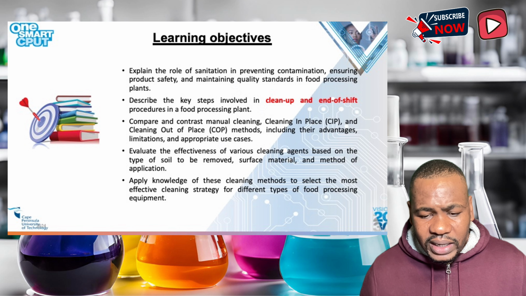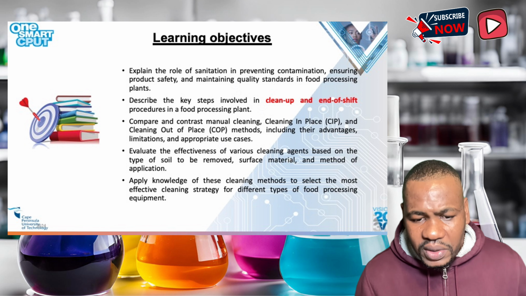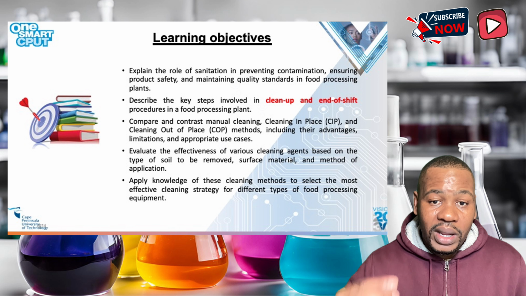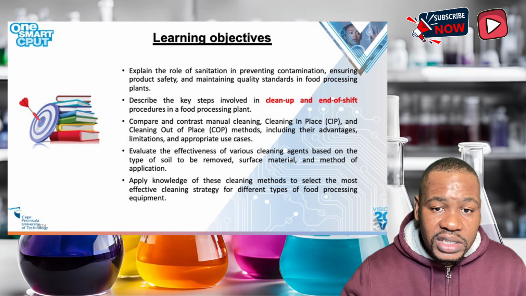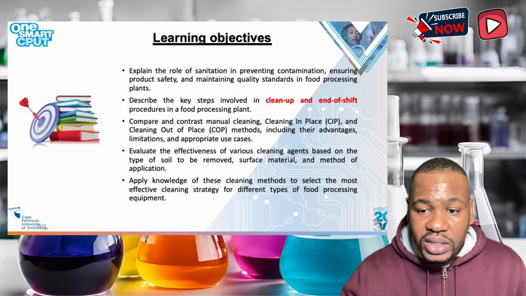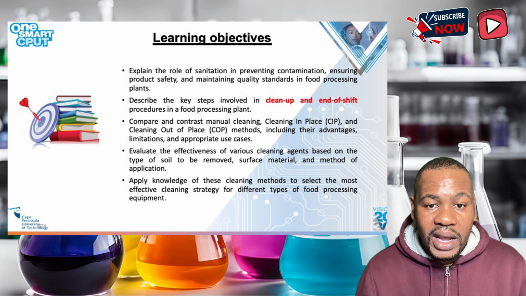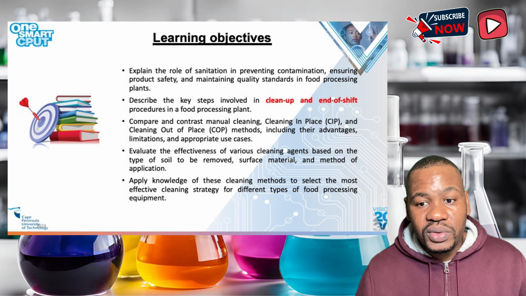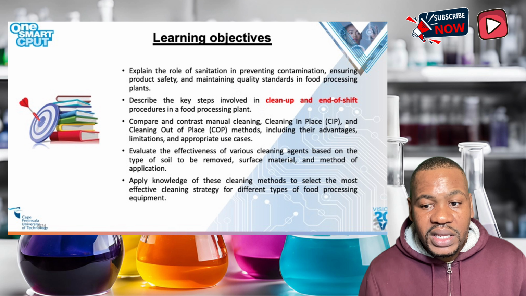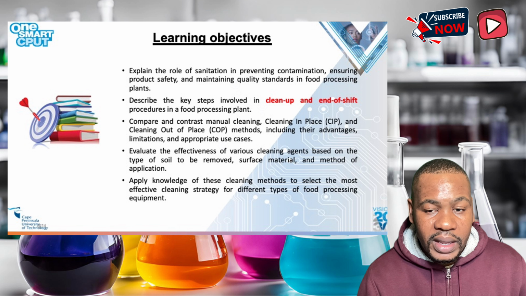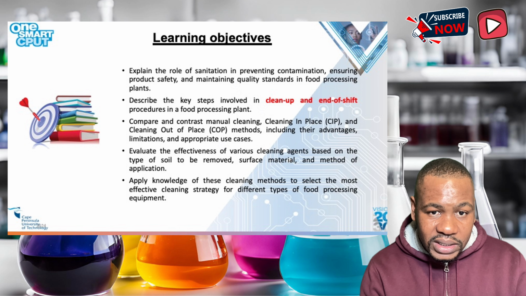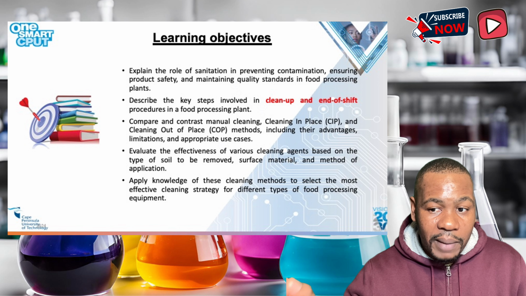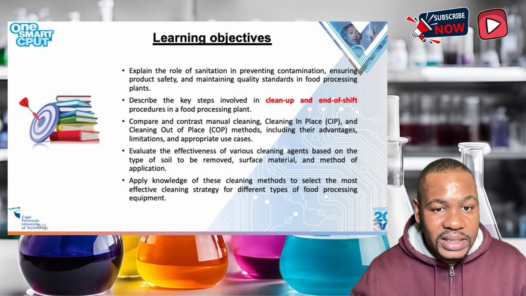So now we're at a third year level, and next year we'll be doing our honors degree. So we're at that level now where each and every decision that we make, we need to be able to justify. So if you're given a scenario, you need to be able to justify. So one of the things that I want us to do here is to be able to select a particular cleaning method and justify the use of appropriate cleaning aids and chemicals.